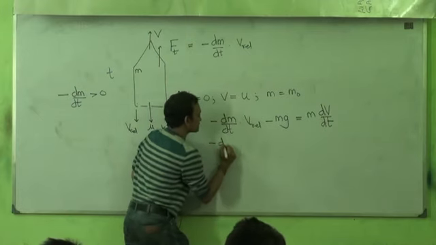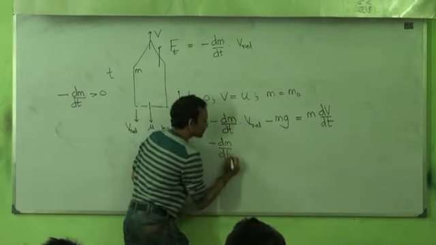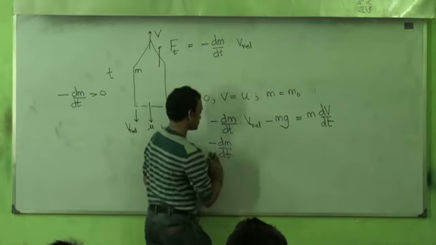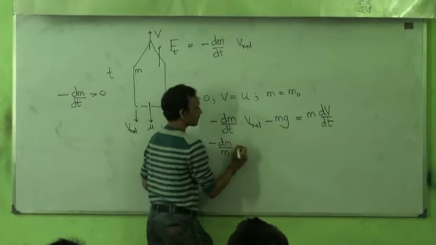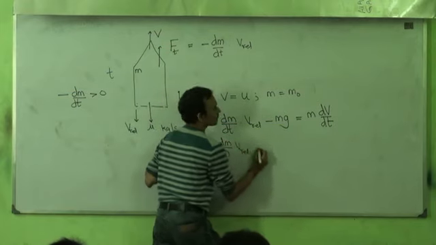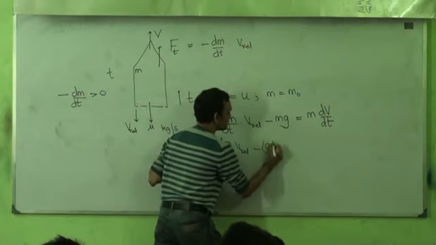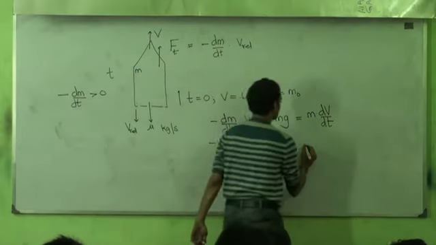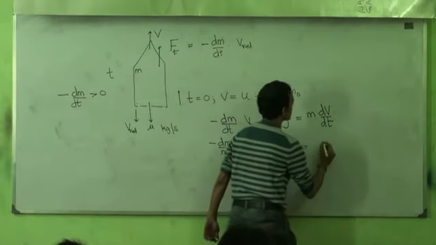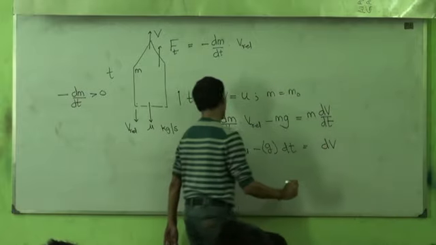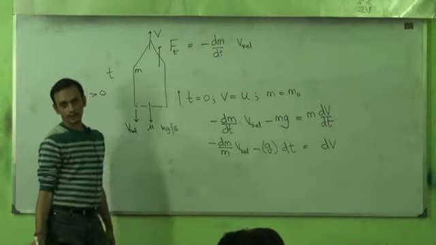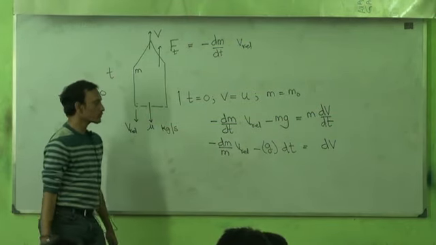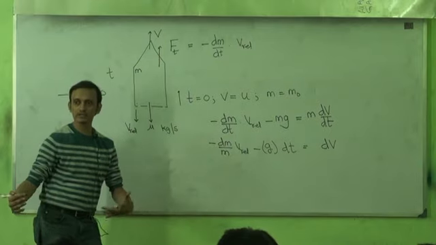So I get minus dm/m times vrel, minus g dt, equals dv. Right? Let me integrate both sides.